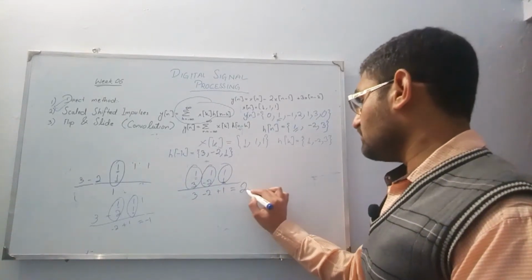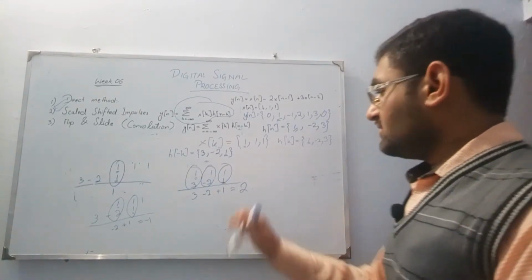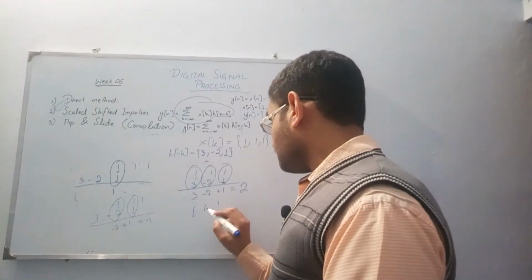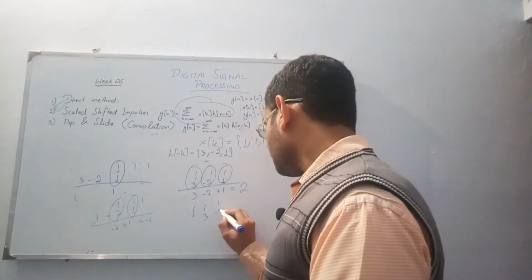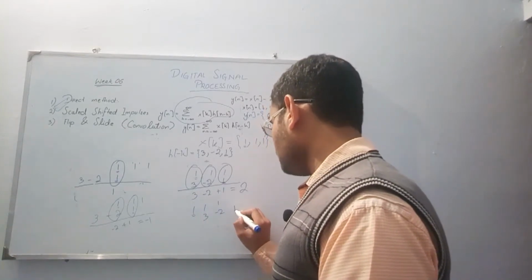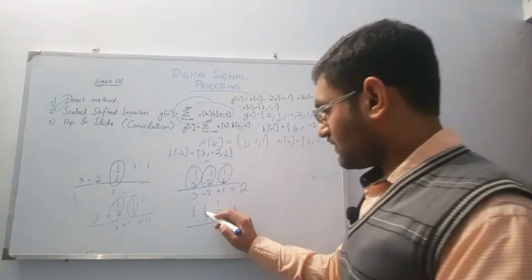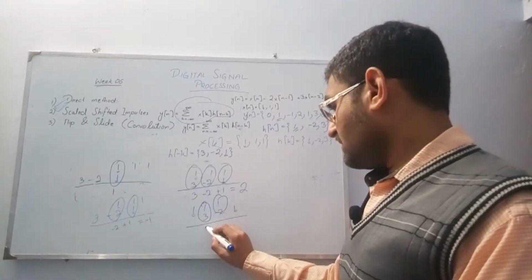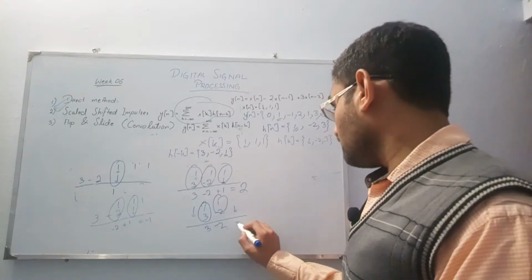It comes to be 2. Similarly, this one, it's 3 minus 2 is equal to 1.